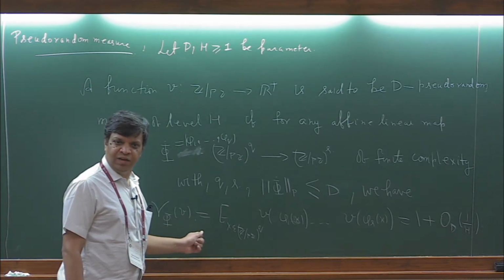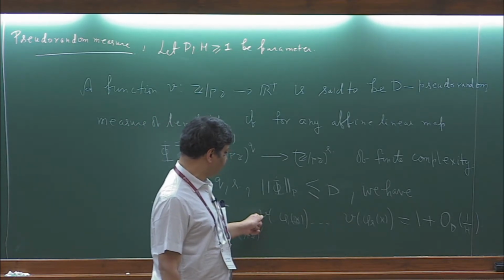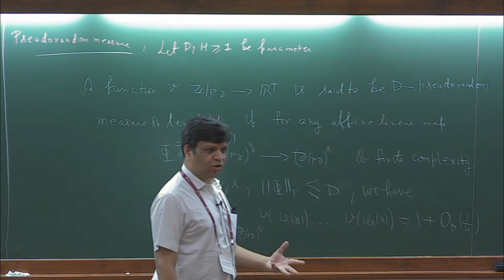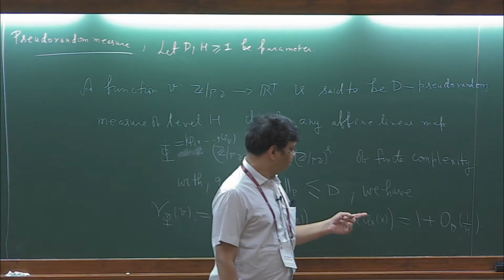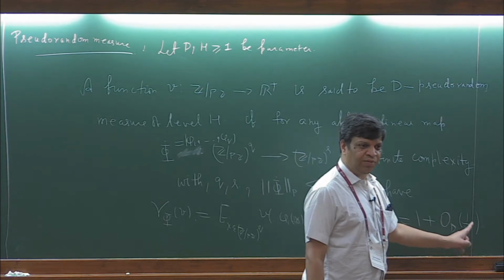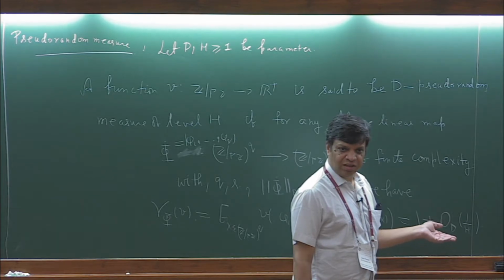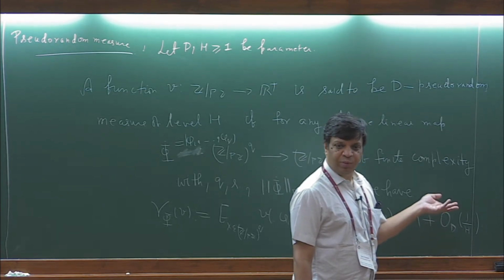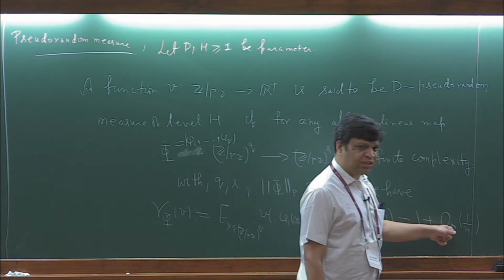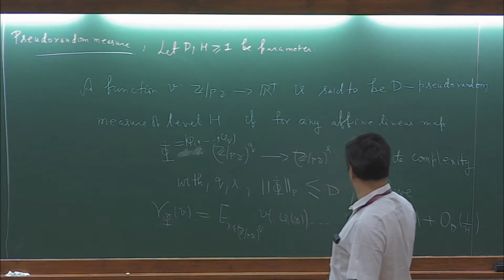For this particular linear form, if I consider this affine linear map, I consider nu of phi_1 x, ..., nu of phi_r x, that is equal to 1 plus O of 1 by h. This h will be a function of p. In our practice, we will take actually this h to be log p by log p cube. But this d will be fixed for us. And this constant will depend upon d.